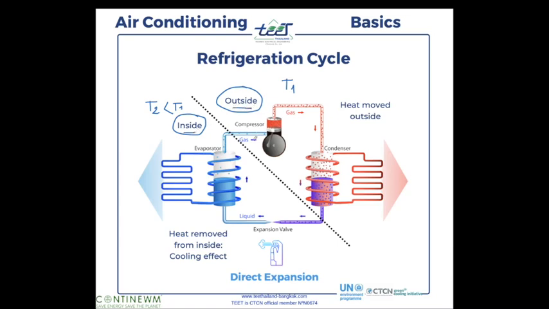How to do that? Why do we use a refrigerant fluid? The refrigerant fluid has the property that everything to cool is happening here at the expansion valve. The expansion valve is a device where you have a fluid that is under pressure and you release the pressure.